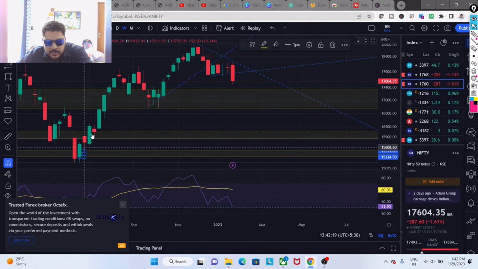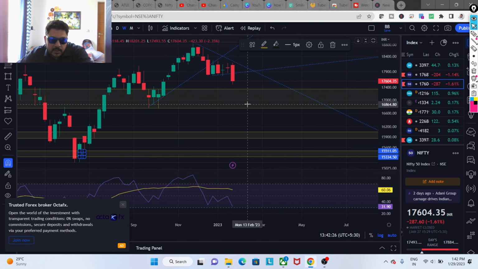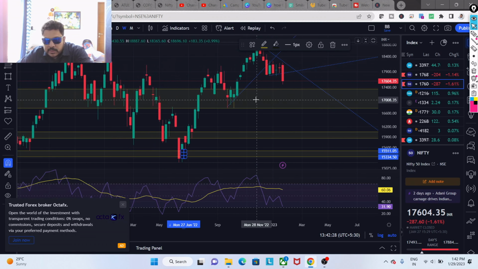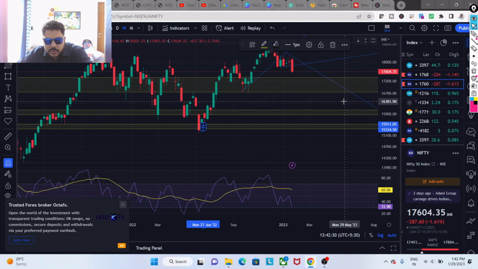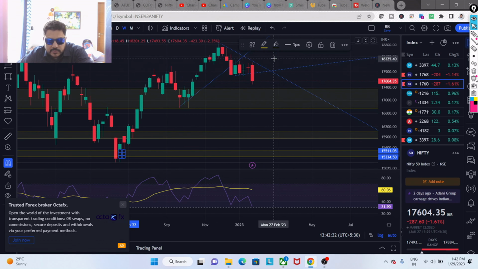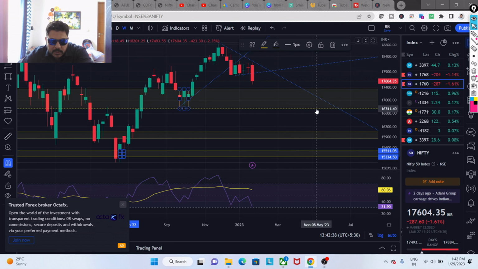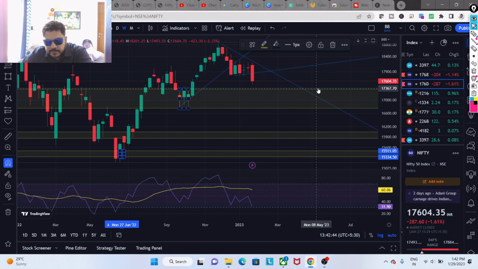So that will be the levels to watch out for. This is too far, 15,900, 15,500, but we cannot say what happens in the budget. So basis that, you trade cautiously and watchful of the events which are happening. Always hedge your positions and always cap your risk. If you cap your risk, only then you will be successful in trading and making money from the markets.